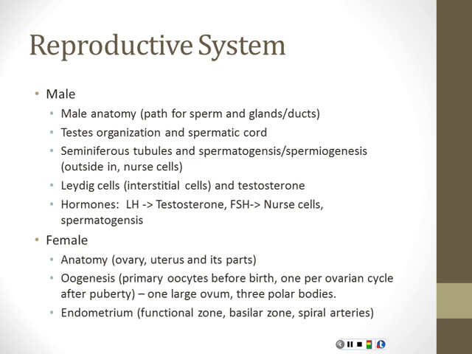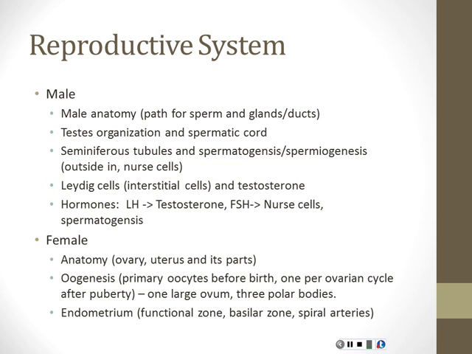Know how the testes is organized, right? It's in lobules. Each lobule has 1 to 3 long coiled tubes called seminiferous tubules. That's where the sperm are produced. And then those coiled tubes connect to the epididymis, which stores sperm and matures them, right? We talked about the spermatic cord, which comes down.